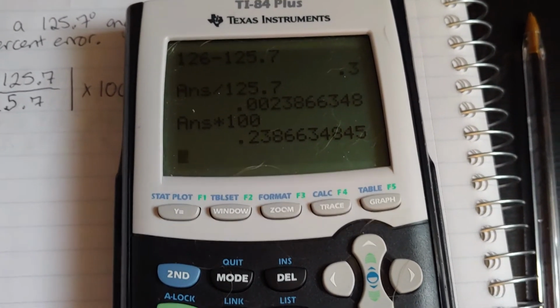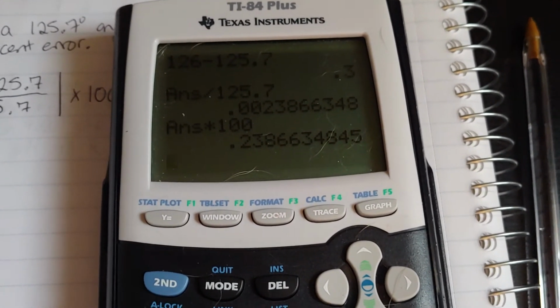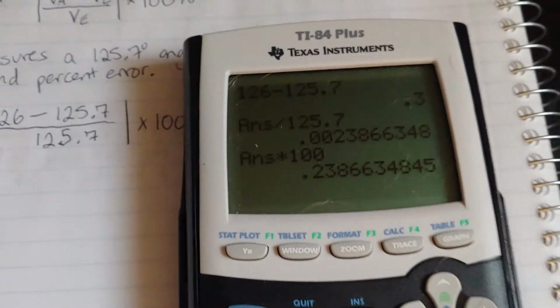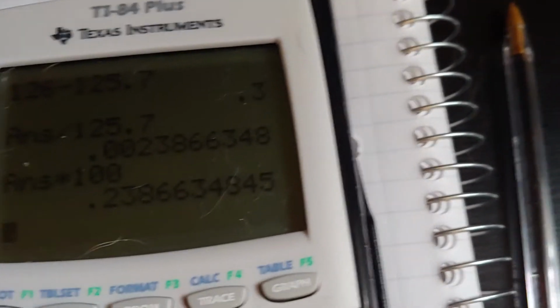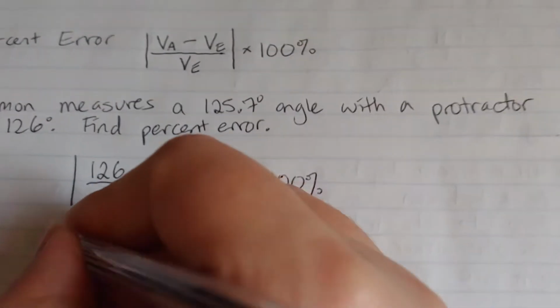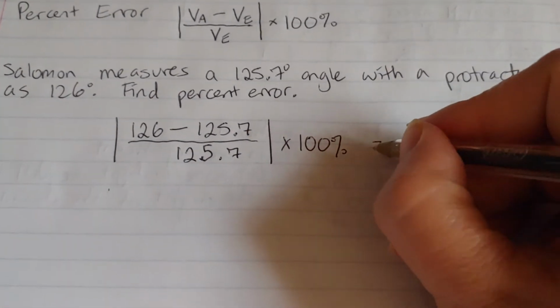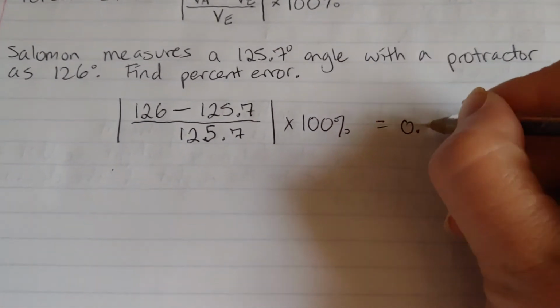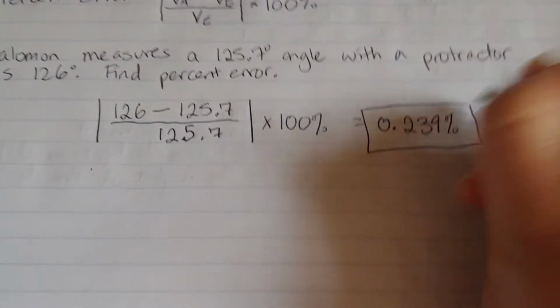And my percent error is 0.23866. And I'm going to round that to 3 sig figs. So my percent error is 0.239%.